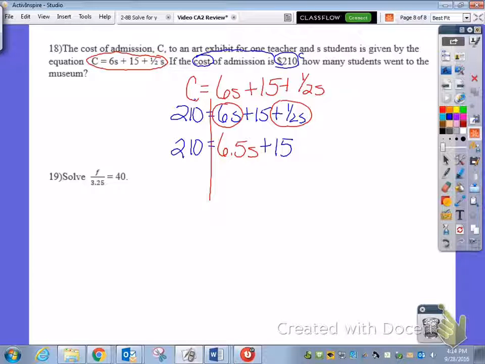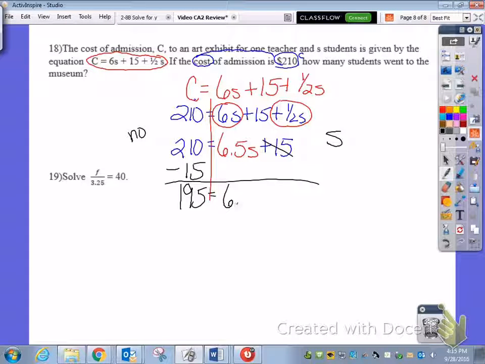Now we can solve it. Where's your S located? S's are on this side, so I want no S's over on the left. So 15 has to move to the other side. So 210 minus 15 is 195. And that equals 6.5 S. And the opposite of multiplying is to divide.